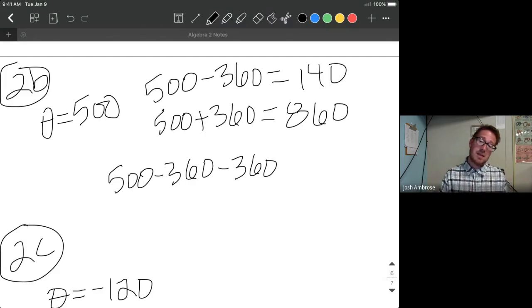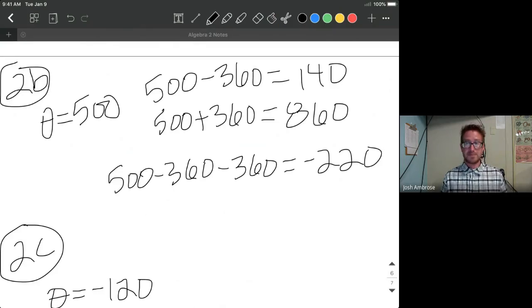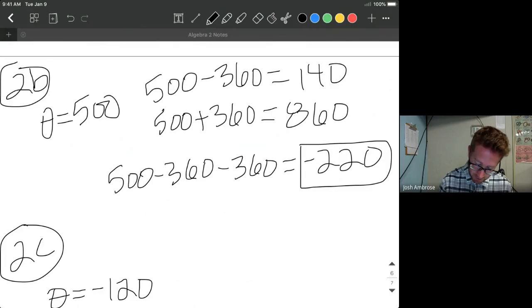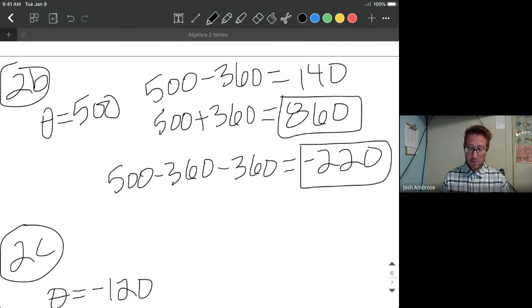So you got to subtract another 360, and then you're going to get a negative 220. Now you have your negative coterminal value. So right here, that would work. If you want to include the 140, that works too. But remember, for your answers, you have to have one positive and one negative coterminal angle.